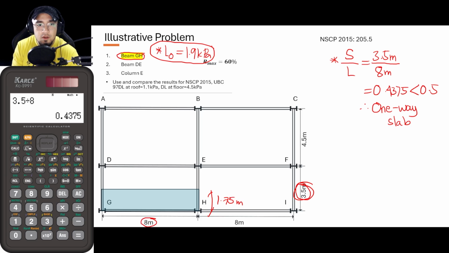So in order for us to solve for the tributary area, it is the area of this shaded part, which is 8 meters times 1.75. Using the calculator, 8 times 1.75, the tributary area is 14 square meters.